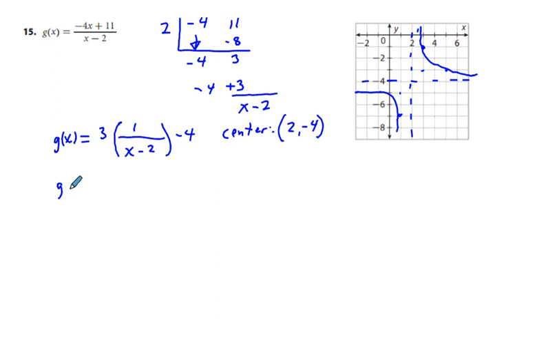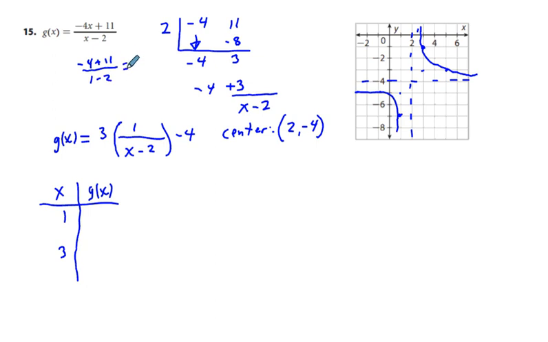If we use g of x and we use 1 and 3, up here we put in 1, we get negative 4 plus 11 over 1 minus 2.